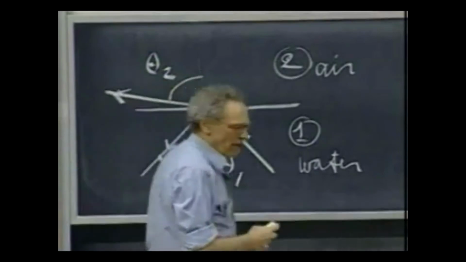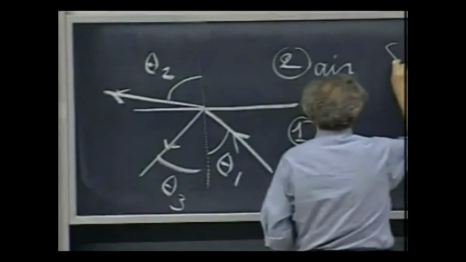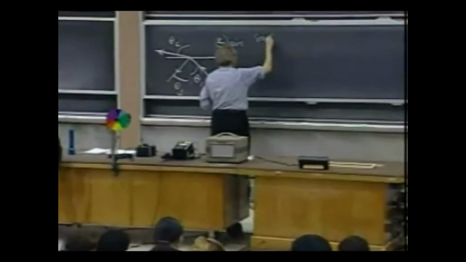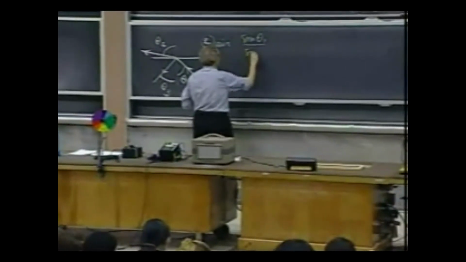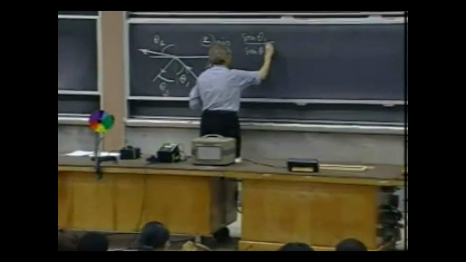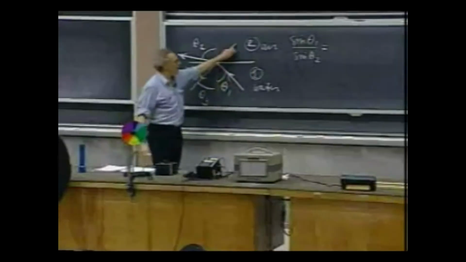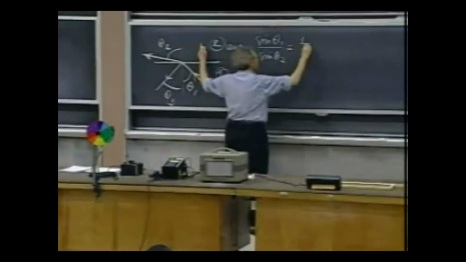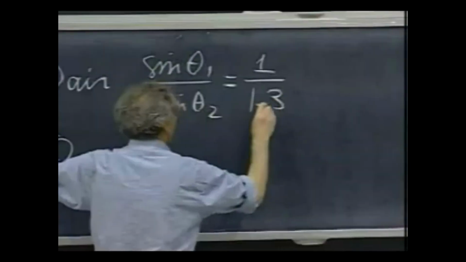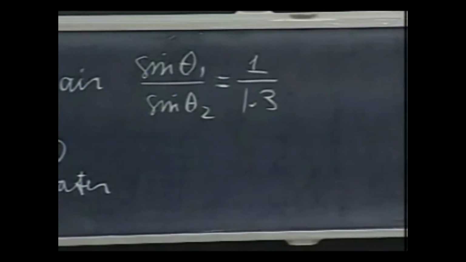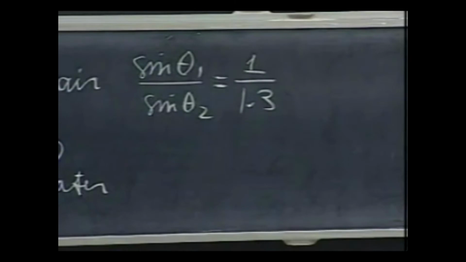And so if I write down now Snell's law, then I get the sine of theta 1 divided by the sine of theta 2 is now N2 divided by N1, but N2 is 1 divided by 1.3 if we go from water to air.